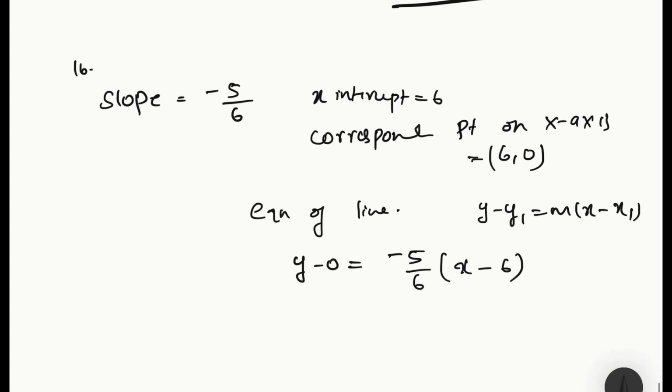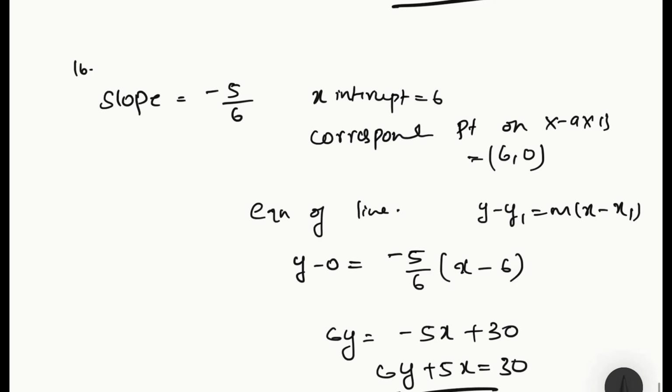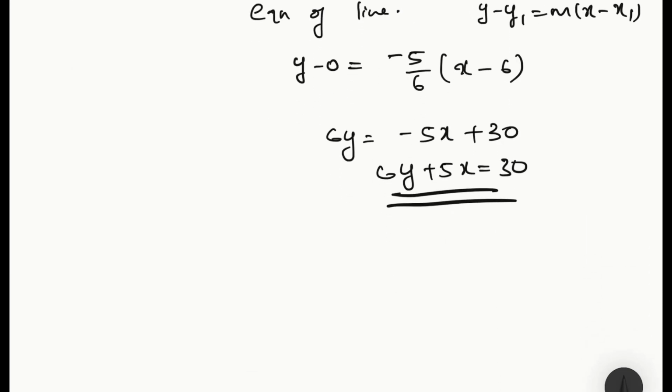Okay, so what do you get? 6y equal to minus 5x plus 30. 6y plus 5x is equal to 30. Hope it's clear, kids. Okay, so looking at such questions, you can do the rest of the problems also. Okay, so now let me do question number 21.